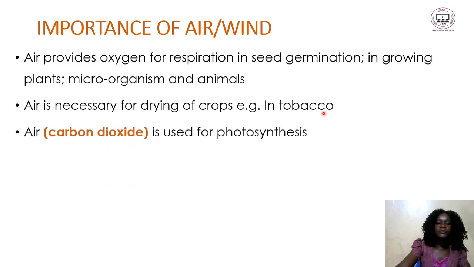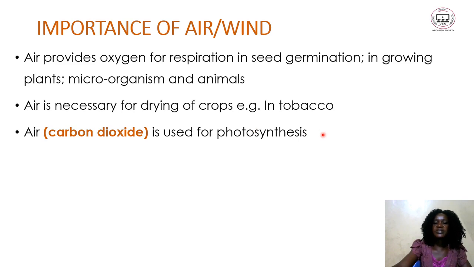And also air, more especially carbon dioxide, is used for photosynthesis. Remember, I mentioned that photosynthesis is all about the plants making their own food. So in order for the plants to make their own food, there are raw materials which are needed, and one of the raw materials is carbon dioxide.